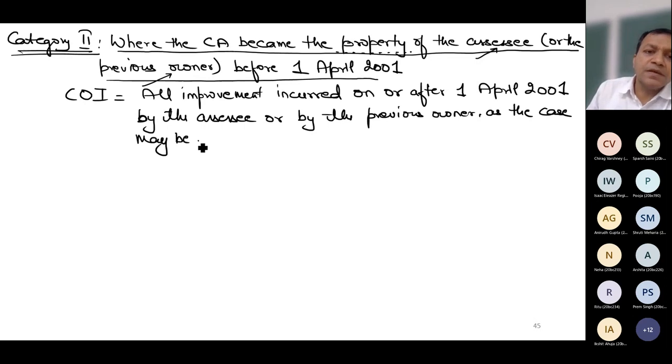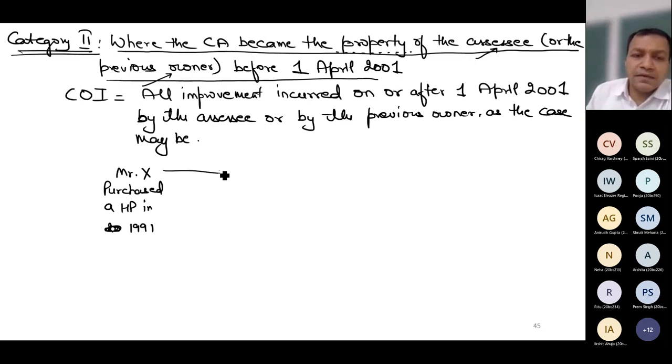For example, suppose Mr. X purchased a house property in 1991. He transferred it to Mr. Y as a gift in 1996.